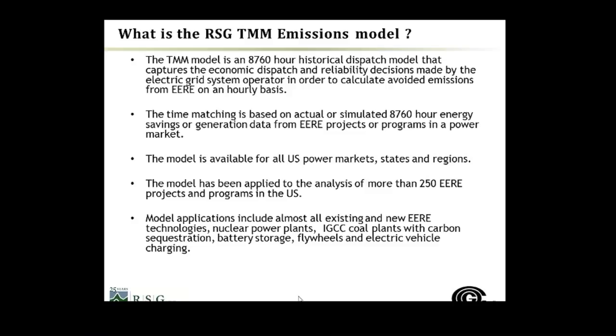So the TMM model is available for all U.S. power markets, states, and regions, and because it has GIS capability, you can actually define any region, or if you know that there is some transport coming across a regional boundary, you can include that in it as a custom run of the model.